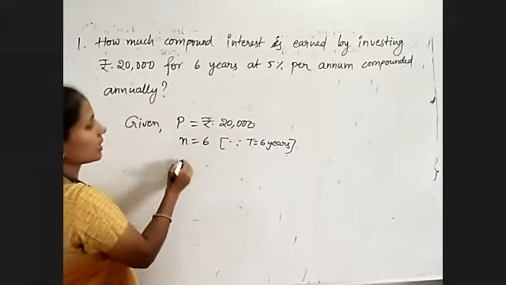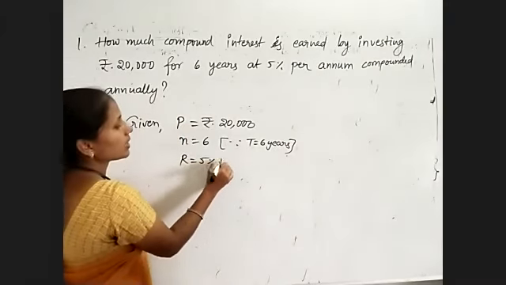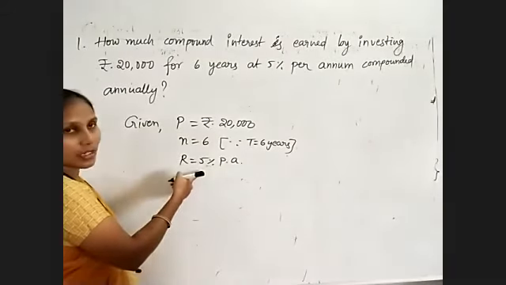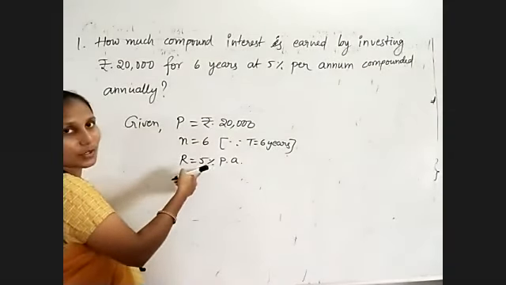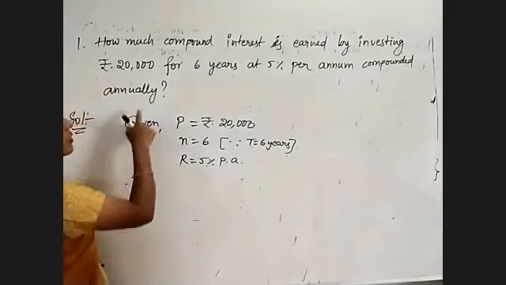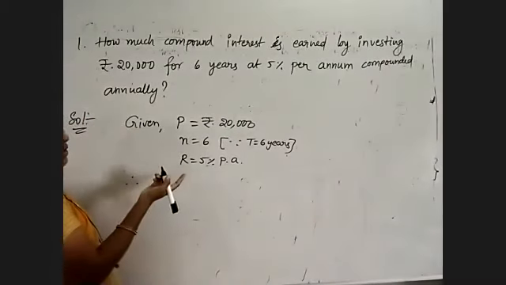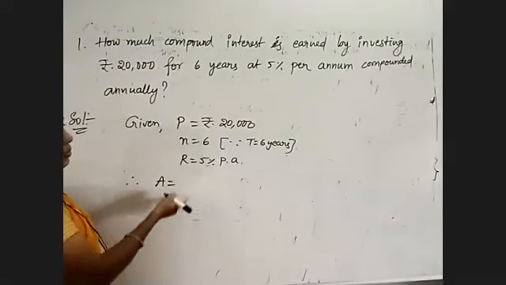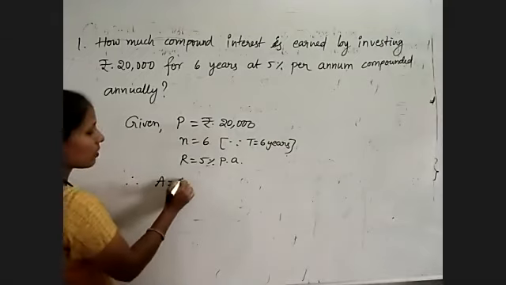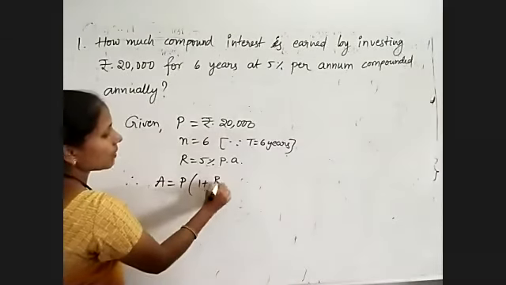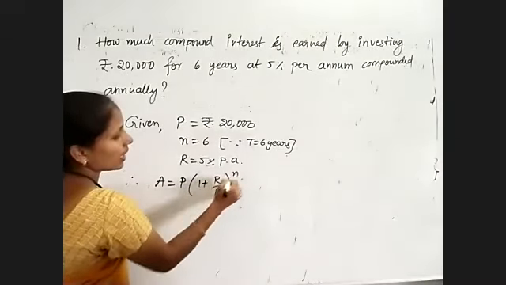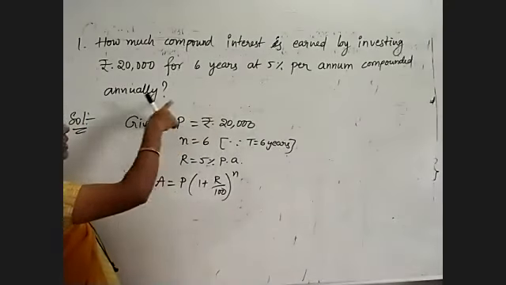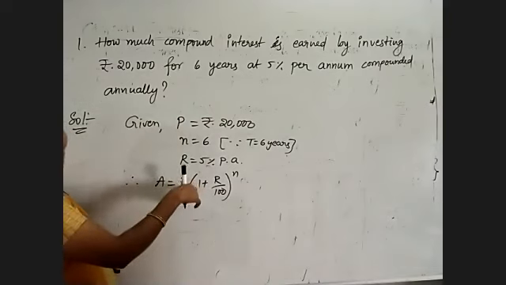Next, coming to the rate of interest, which is equal to 5% per annum. Here we are calculating for a year only, so the rate of interest also we have to take for a year. They are asking to find the compound interest, so instead of the compound interest formula, use the amount formula first, and after that, amount minus principal. So we get P into 1 plus R by 100 whole to the power of n, because the amount is compounded annually, so this formula we must use.